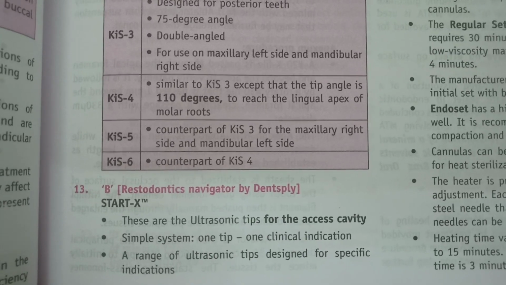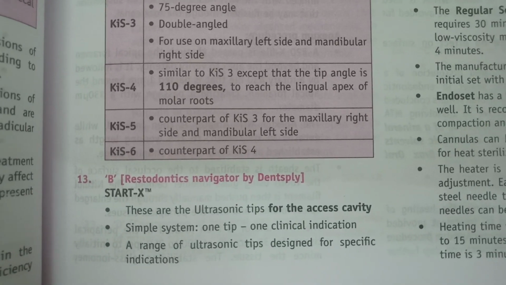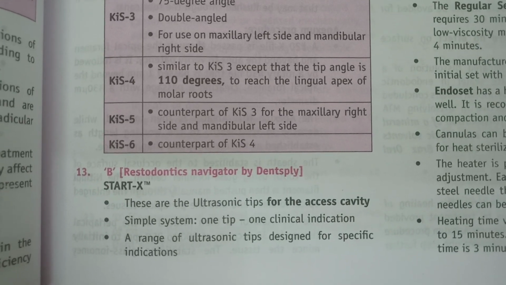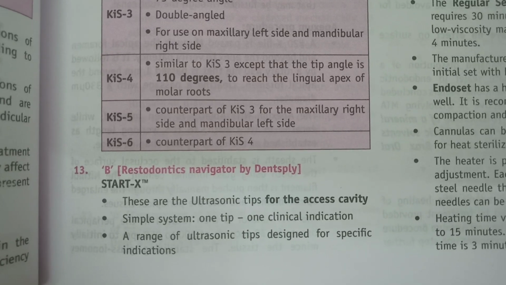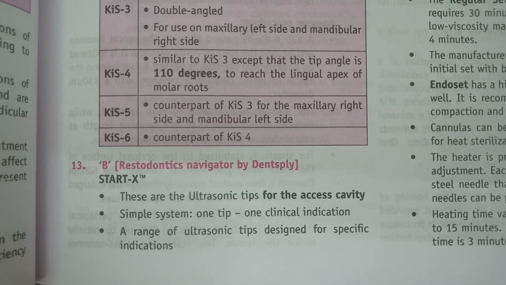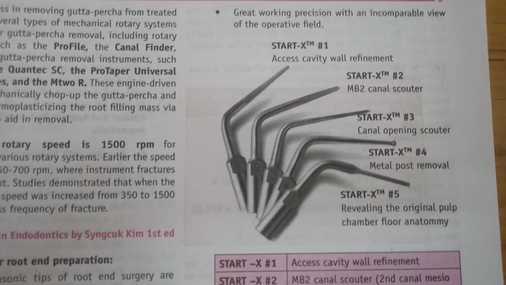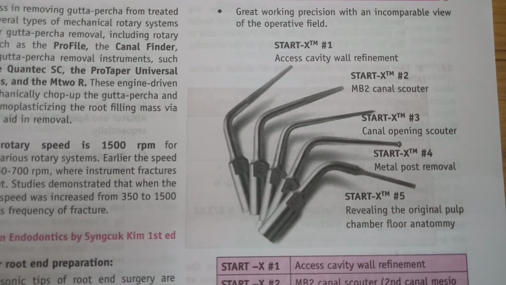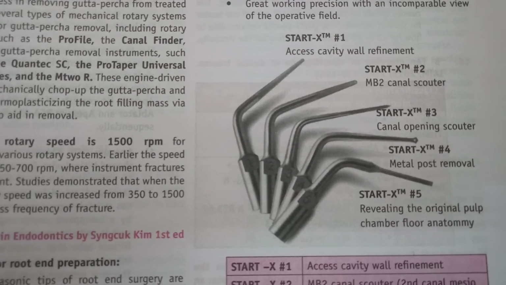Start-X, these are the ultrasonic tips for the access cavity. Simple system, one tip, one clinical indication. A range of ultrasonic tips designed for specific indications. Now, great working precision with an incomparable view of the operative field.